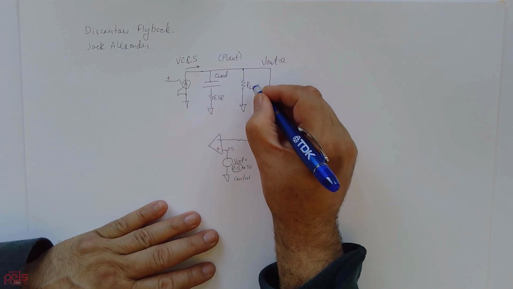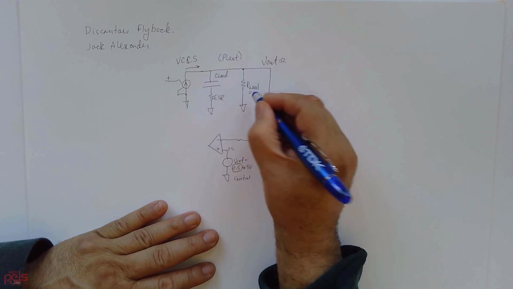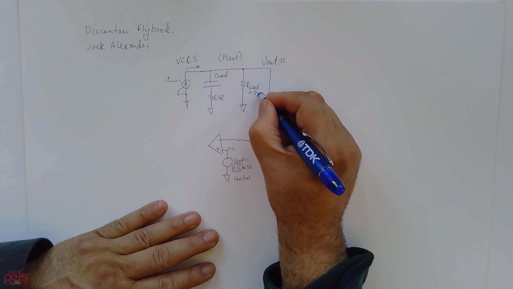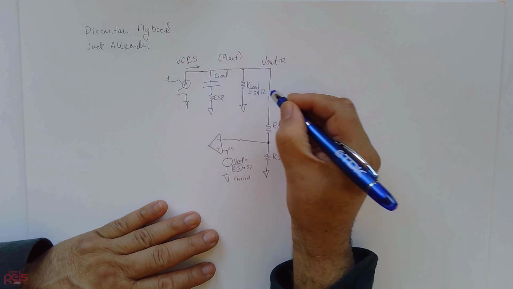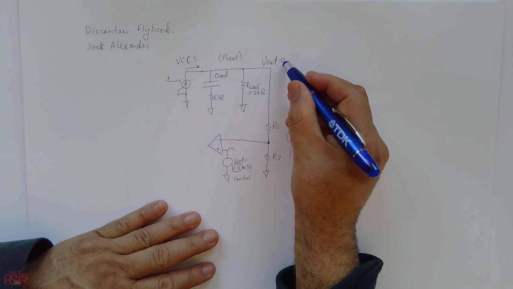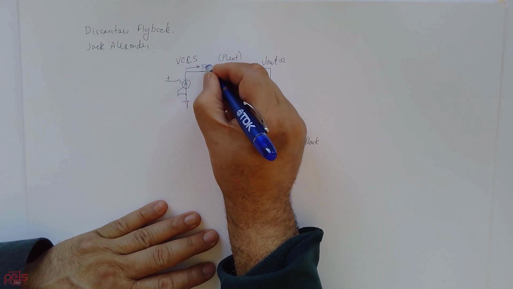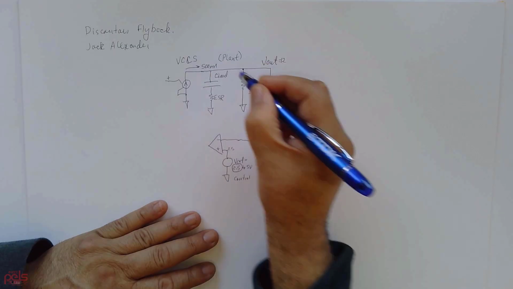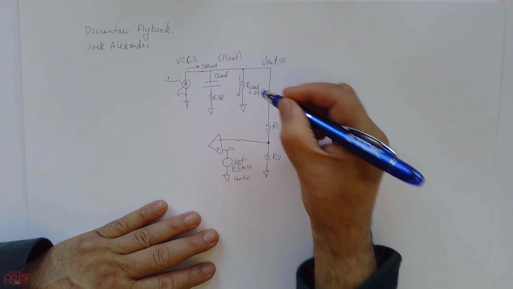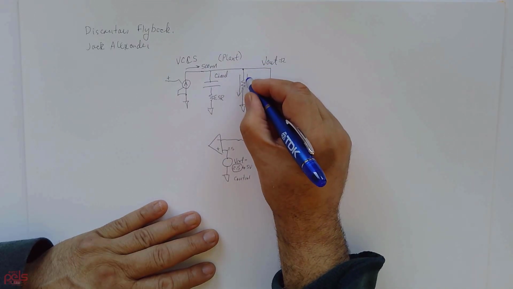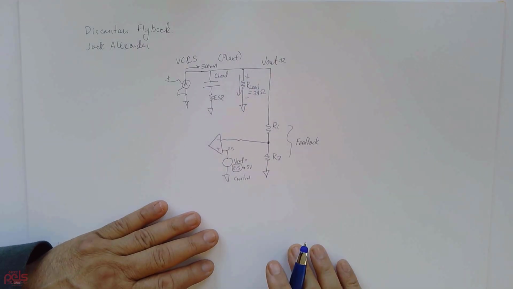And let's give the load a value, say 24 ohms. So 12 divided by 24 means you're going to have 500 milliamps. If you have 500 milliamps here, you're going to have 12 volts across that load.